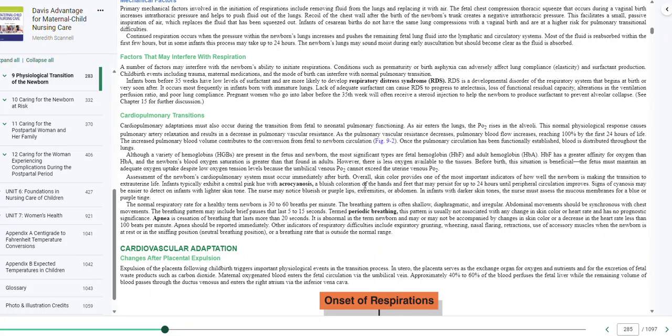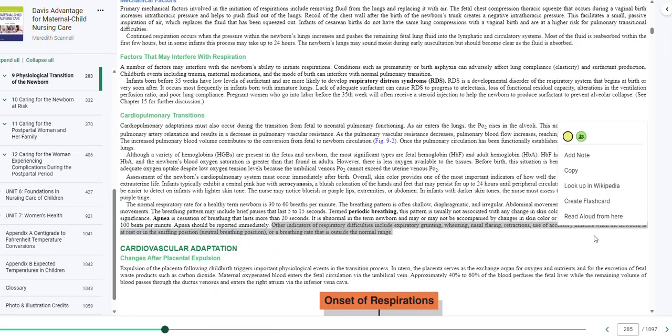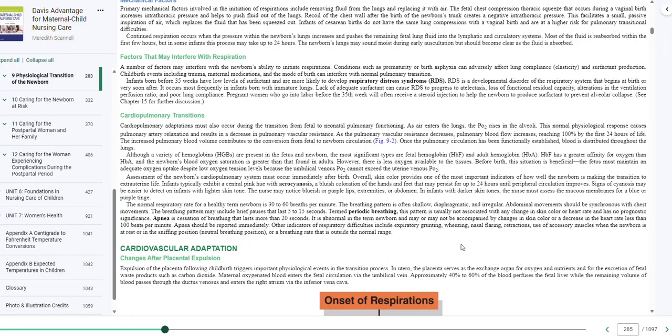Other indicators, we talked about the nasal flaring, the grunting, which, like I said, they sound like a little pig when they grunt. The retractions, which is when you see the ribs as they're breathing. These are important to know as well. That's when you know a baby is in distress.